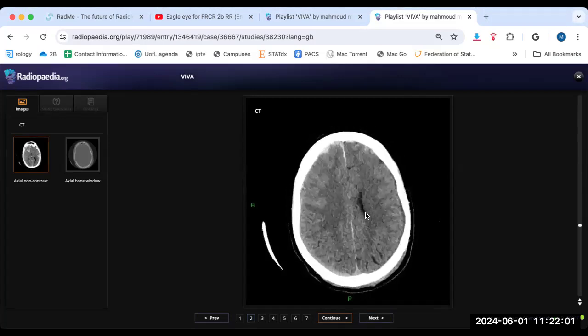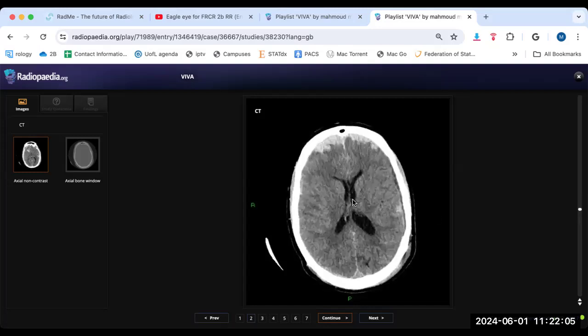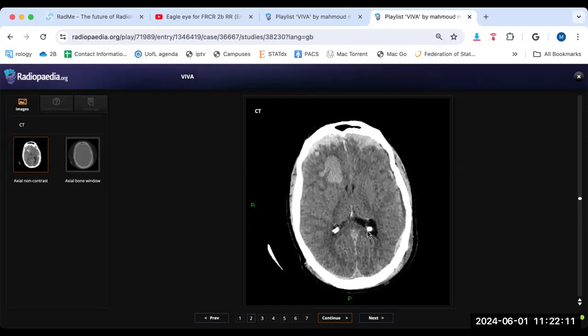What kind of brain herniation? Because of this hematoma, it will cause subfalcine herniation. What is the consequence of the subfalcine herniation? It will compress the anterior cerebral artery. Okay. And what else?